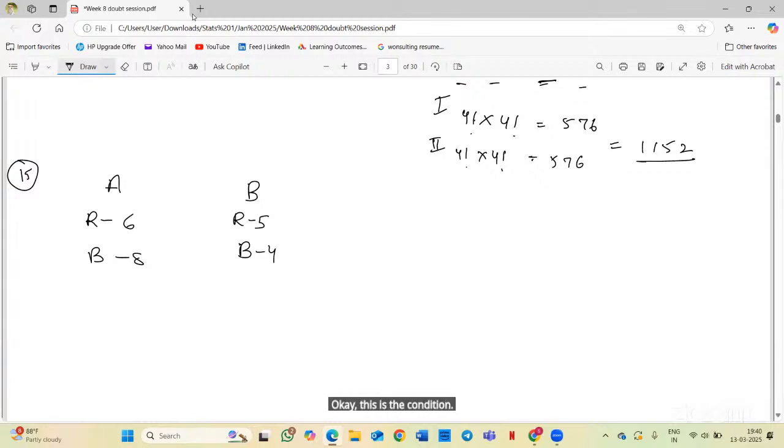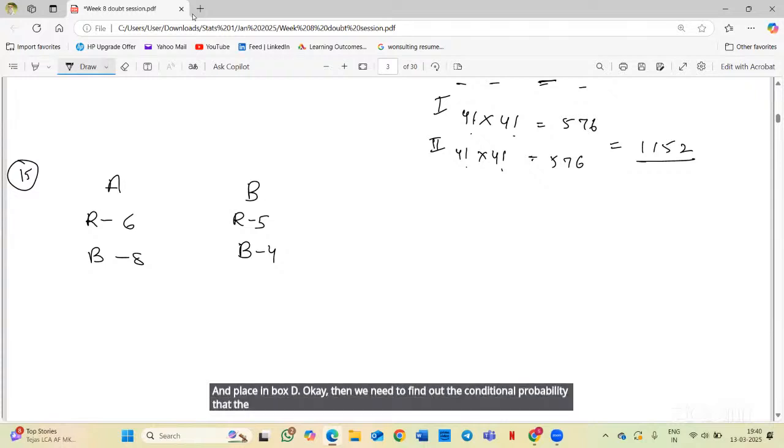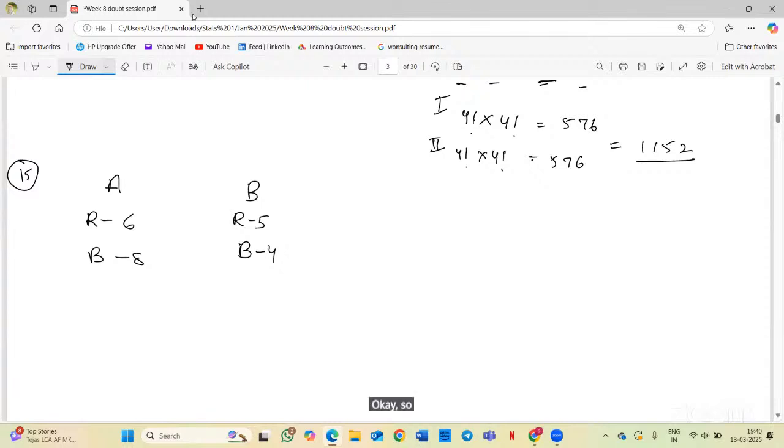Then it says that a ball is randomly chosen from box A and placed in box B. We need to find the conditional probability that the black ball was transferred from box A to box B, given that the ball chosen from box B is red. So I have two events.